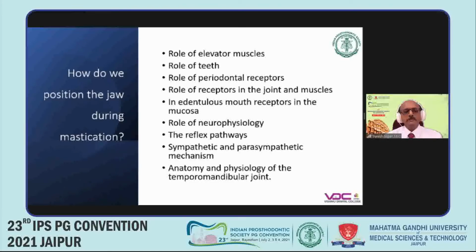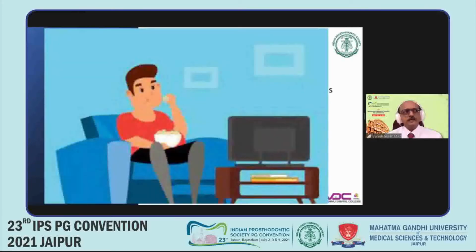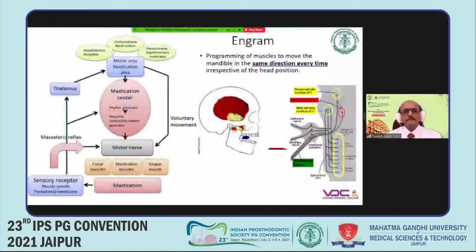The muscles will elevate the mandible, how much it has to elevate, in what direction it has to move. This all depends upon the sensory input by all these proprioceptors and the judgment and decisions taken by the centers in the brain. Well, if you are watching TV and eating, everything will be subconscious. You may not be really aware of what is happening.